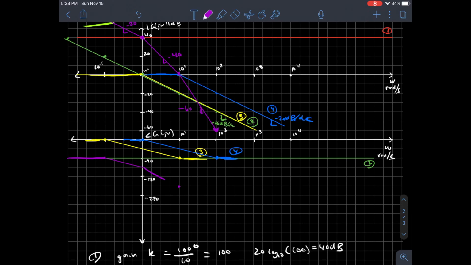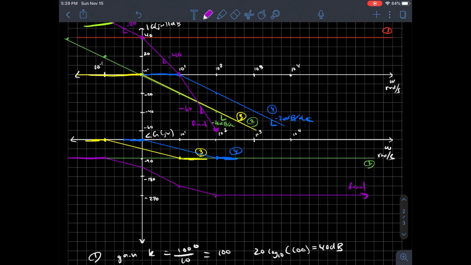So that should look like this. And then after that, I go down at just negative 45. So what I should end with is something that looks like this. It ends at negative 270 and flattens out. So that's my phase. So the final is here in purple. Hopefully you can see that.